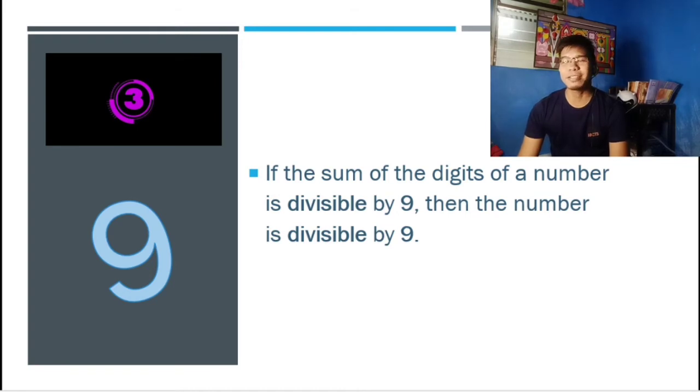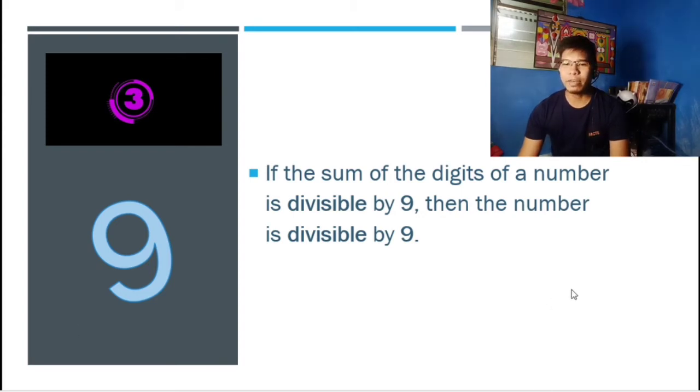Let us have, for example, 252. When we add 2 plus 5, which is 7, plus 2, that is equal to 9. So therefore, we can say that 252 is divisible by 9.